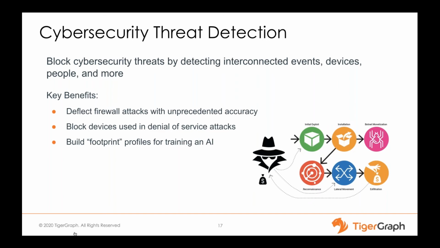This one is really designed to identify the different components on the internet and block cybersecurity threats by detecting these connected events, entities, and people. It helps block devices using denial-of-service attacks and also prevent the attacks with accuracy.